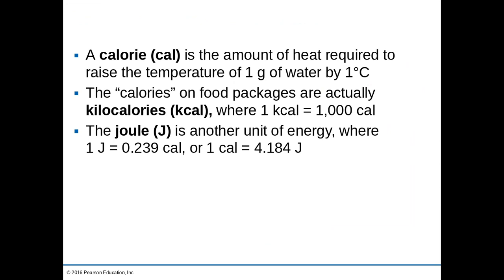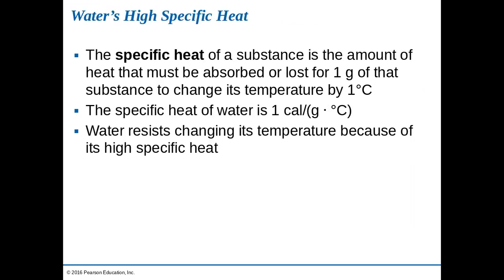This should be review from chemistry, but we use these measurements to measure energy in water. Water has a very high specific heat, which is the amount of heat required to change the temperature of 1 gram of a substance by 1 degree Celsius. The specific heat of water is 1 calorie per gram per degree Celsius, which is very high, meaning it takes a lot of heat energy to cause the temperature of water to change.